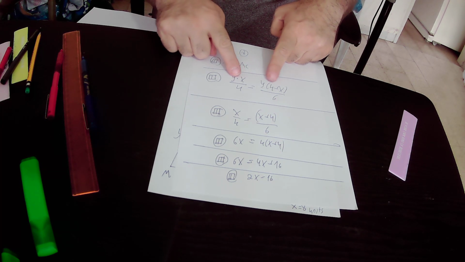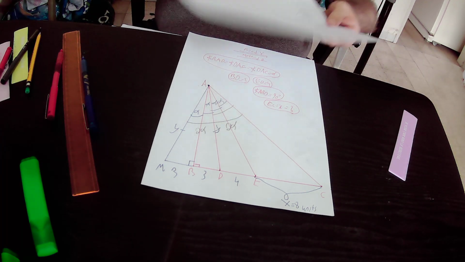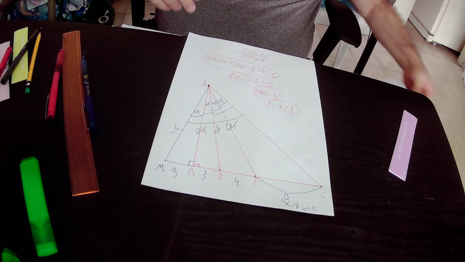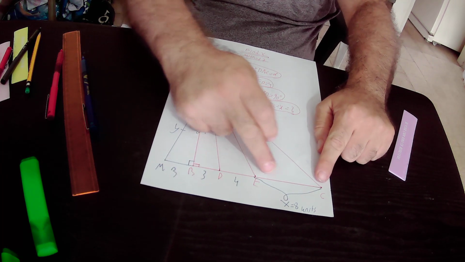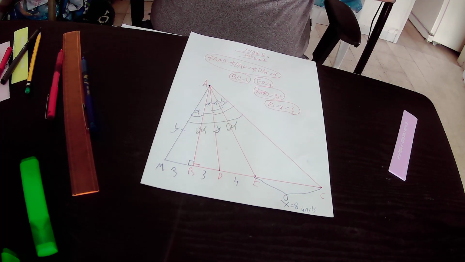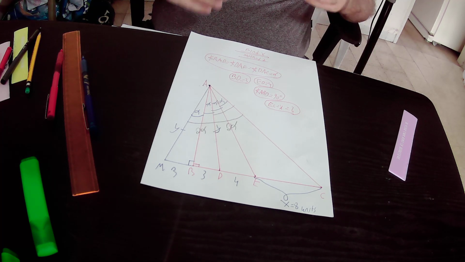We solved this equality and found that X equals 8 units. So the value of EC, which equals X, is 8 units. We found in two methods that the value of X is 8 units.